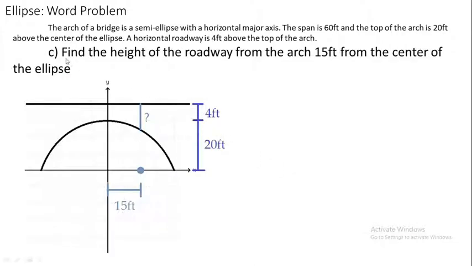Finally, find the height of the roadway from the arch 15 feet from the center of the ellipse. It is asked the distance from this point to this point. In order to get that, we first need to find this distance and subtract it from the overall distance. We first get y.